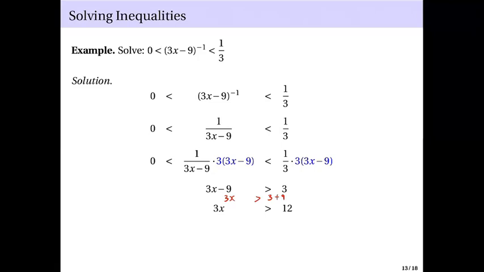And then we simplify again. We divide everything by 3. And since 3 is a positive number, the inequality won't change. So the missing step in here is we divide by 3 both sides of the inequality. Okay, the inequality won't change. And therefore you have x greater than 4.